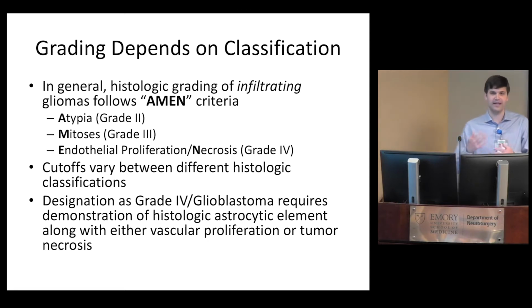The idea was that if an oligo got really bad, it would show differentiation into an astrocytoma at high grade and would become a GBM at that point. Nowadays, we define oligos by IDH mutations and 1p19q codeletions, and in that scenario, they don't ever get to grade 4. They just stay at grade 3 anaplastic oligo.